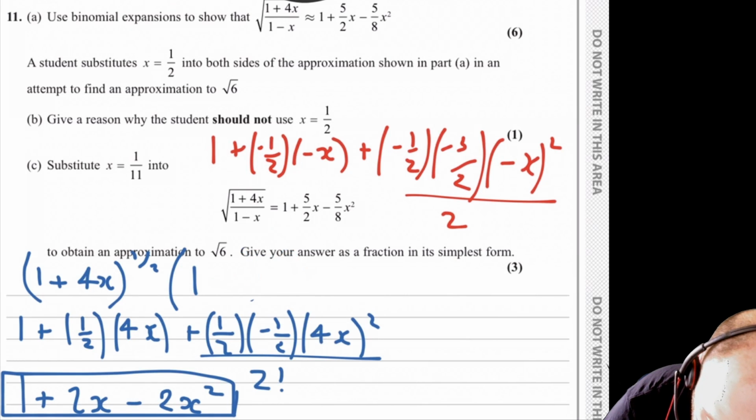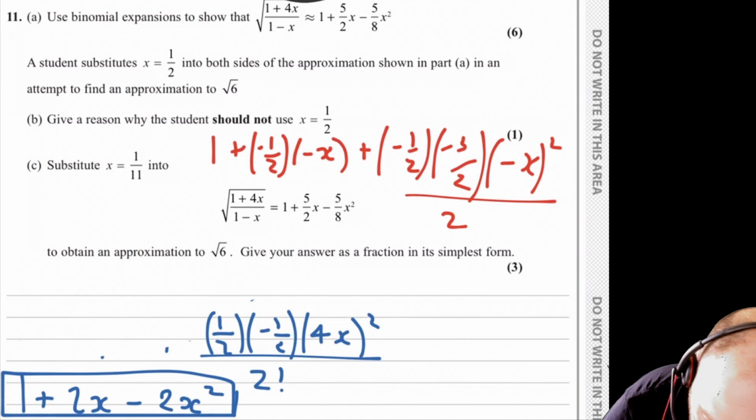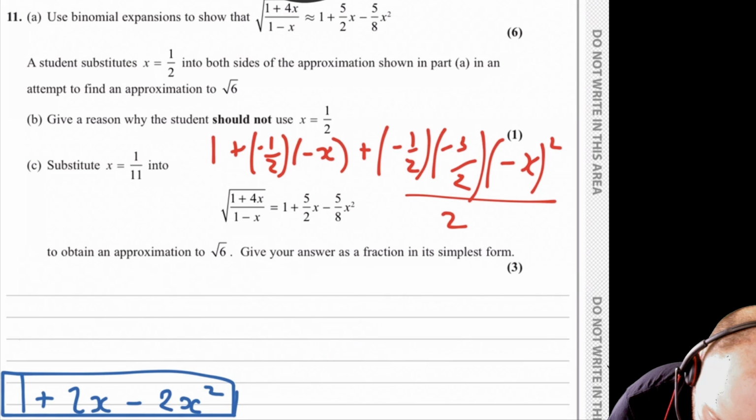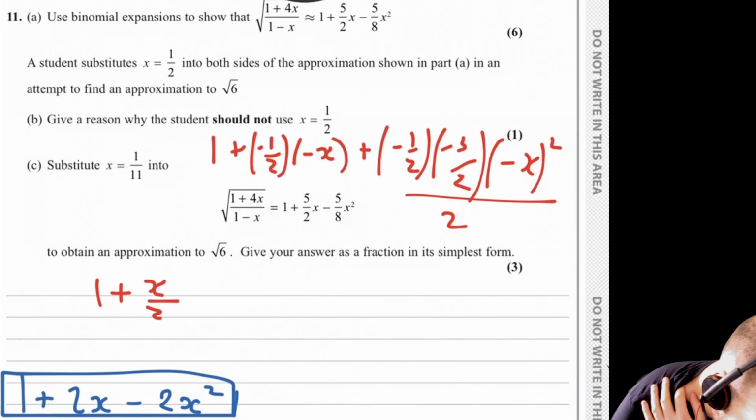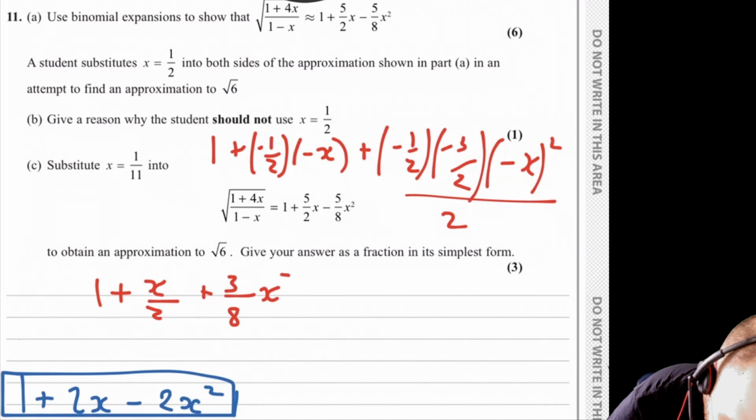Right, the other one is going to be 1 plus x over 2. And then we've got minus 0.5 times minus 1.5 divided by 2. So we get 3/8 x squared.